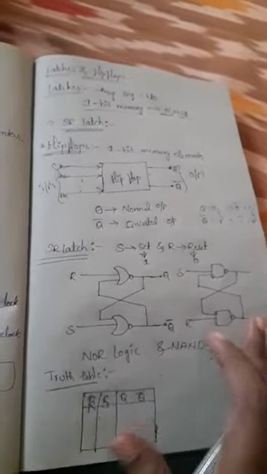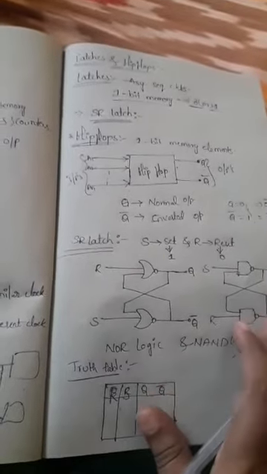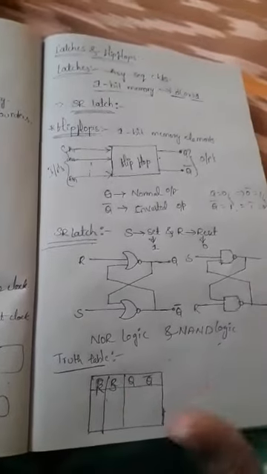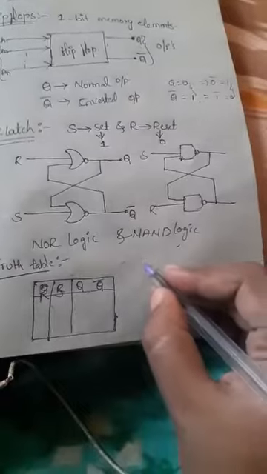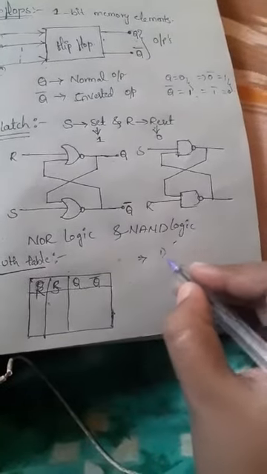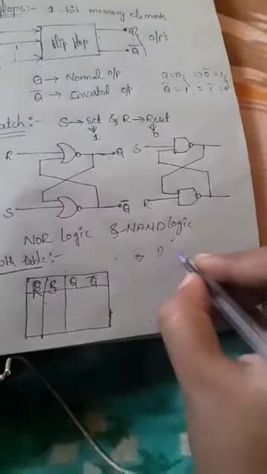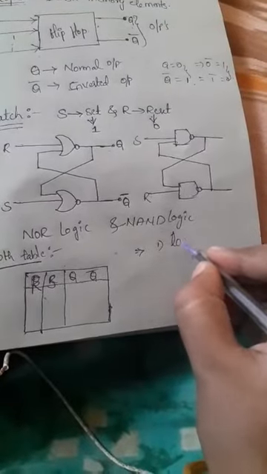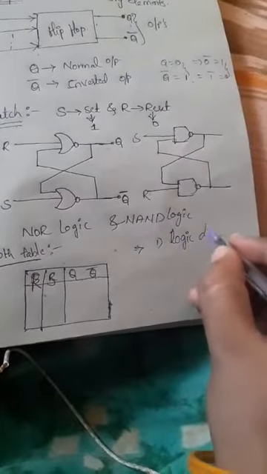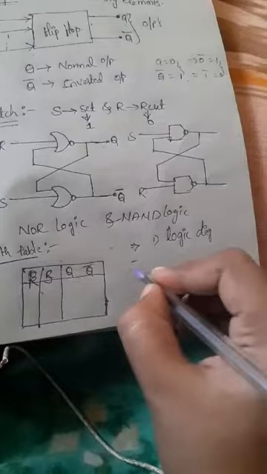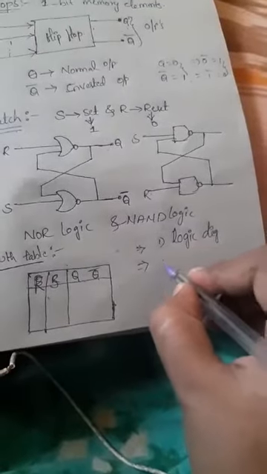While designing latches or flip-flops, whatever the sequential circuit, we should follow some rules. The first rule is that while designing a sequential circuit, first you should implement the logic diagram, and the second one is the truth table.